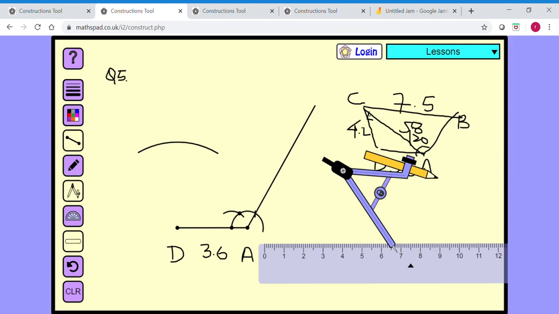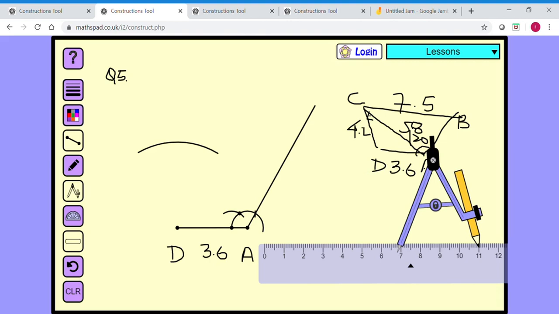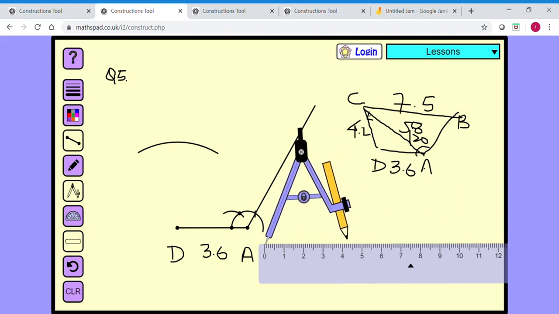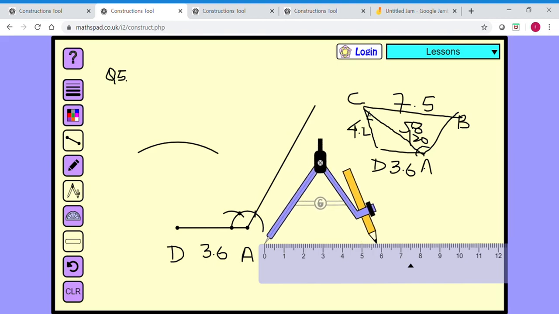The second coordinate I know about C is it's 5.8 from A. So now let me measure 5.8. I'm going very slowly, so please bear with me. In any case, it's very difficult to draw on a laptop. Perfect. I've measured 5.8.